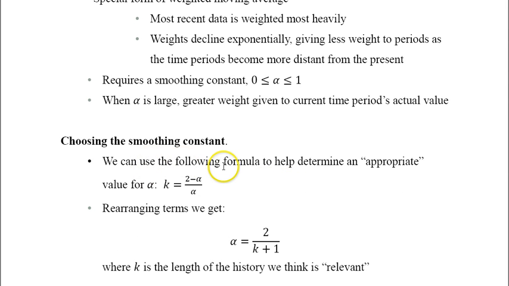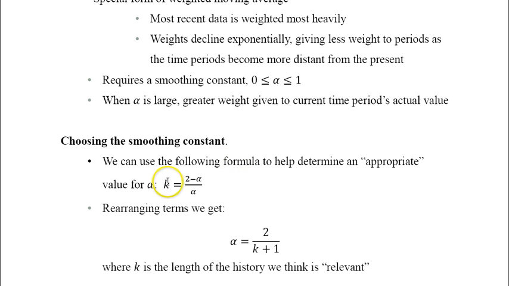So how do we choose a smoothing constant? There are different ways of doing that. One way is to run the model with 10 choices of alpha, starting with 0, 0.1, 0.2, 0.3 up to 1, and pick the one that gives you the smallest forecasting error. We talked about several forecasting errors we can measure.